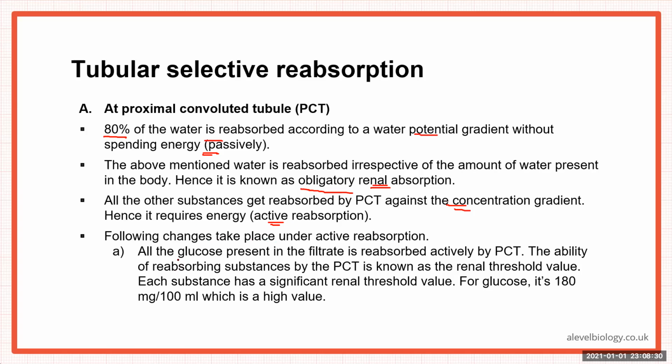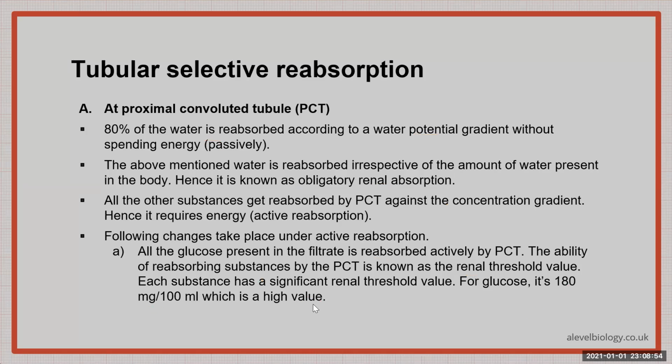All the glucose present in the filtrate is reabsorbed, all of it. The ability of reabsorbing substances by the PCT is known as the renal threshold value. Each substance has its own renal threshold value, but for glucose it is 180 milligram per 100 ml, which is a very high value.